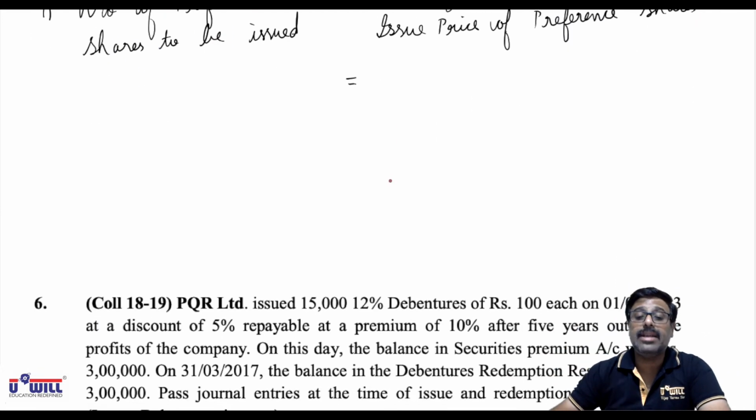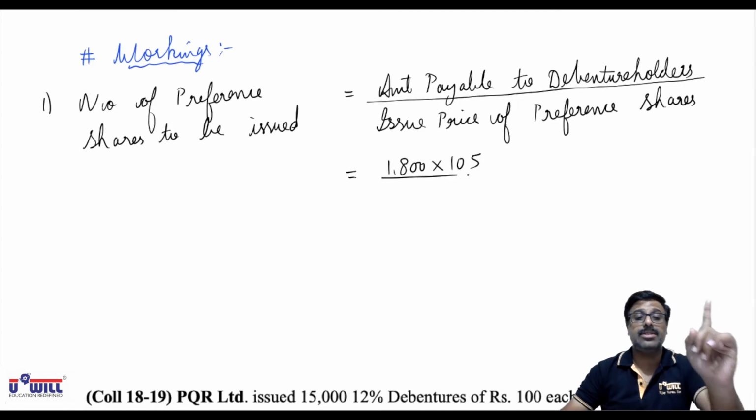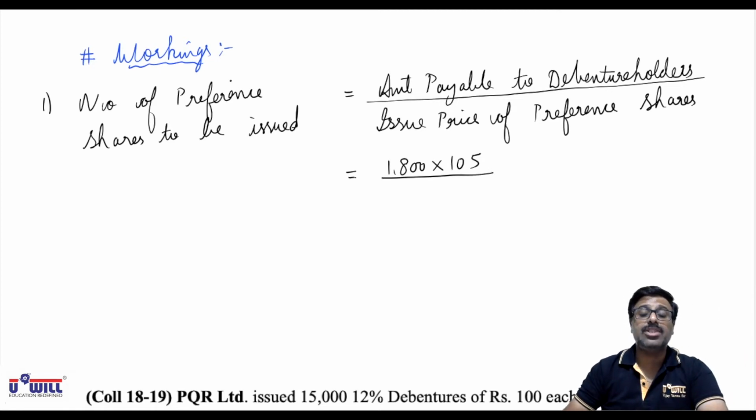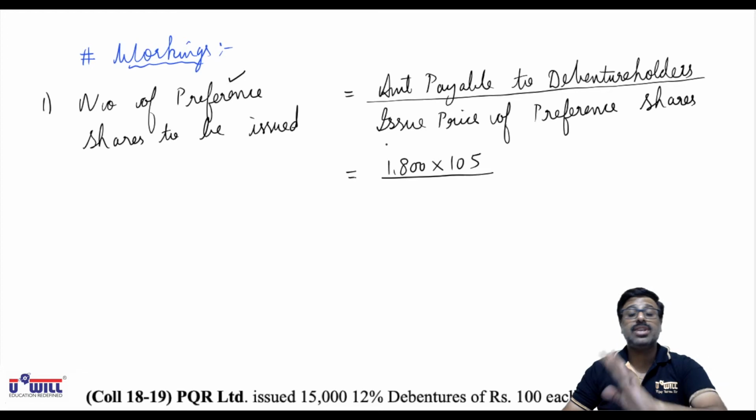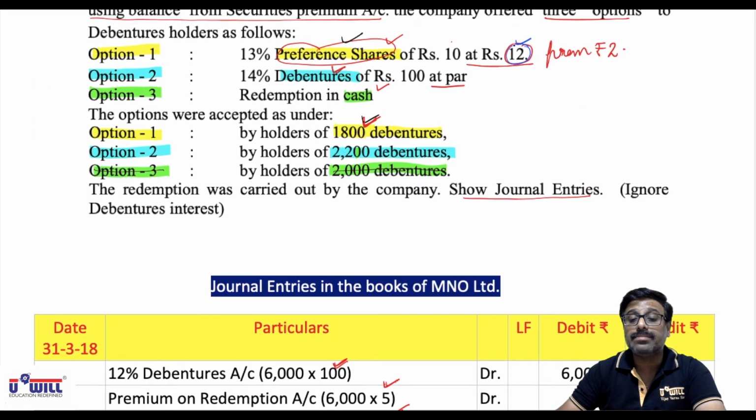So that we will do over here. On 1800 debentures, what will be payable? 1800 into 105. Don't take that 6,30,000. We are finding the number of preference shares to be issued. Preference shares are issued to the holders of only 1800 debentures. So 1800 into 105, and what is the issue price of preference shares? 12 rupees.